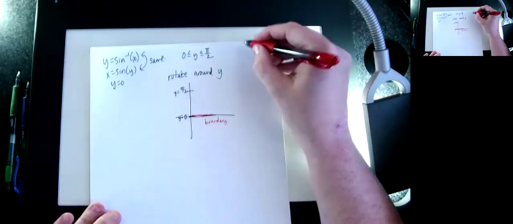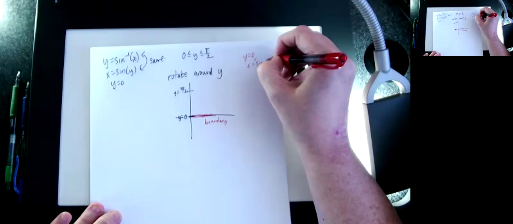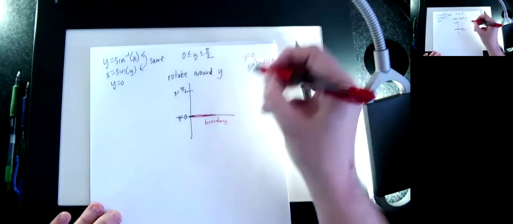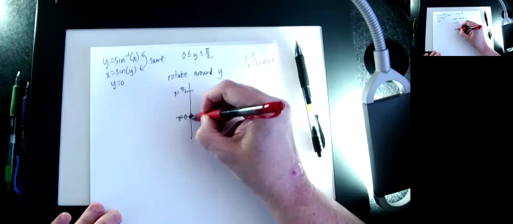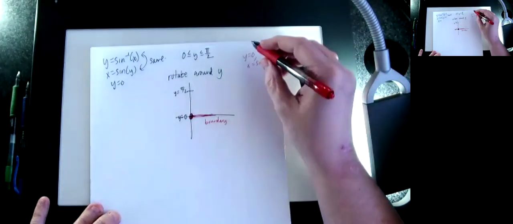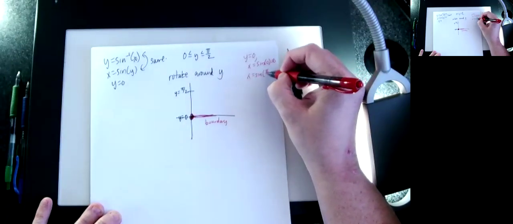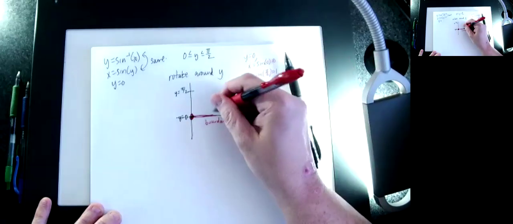If I stick in y equals 0, then x equals sine of 0, which is 0. So I'll have a point there. And if I stick in pi over 2, I get x equals 1.